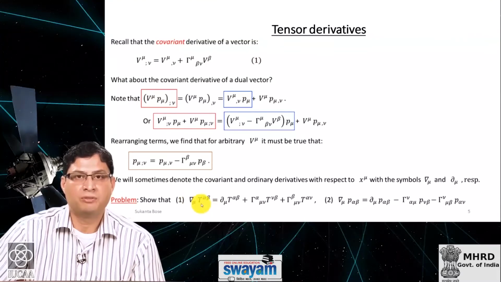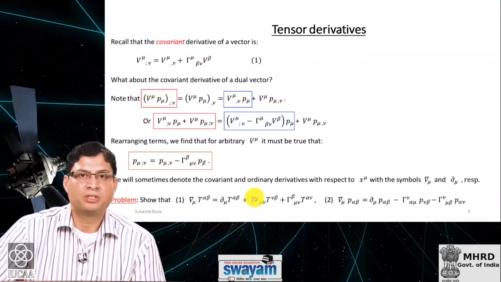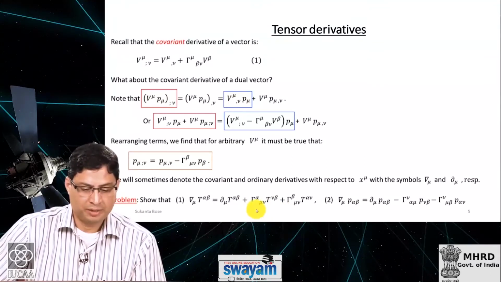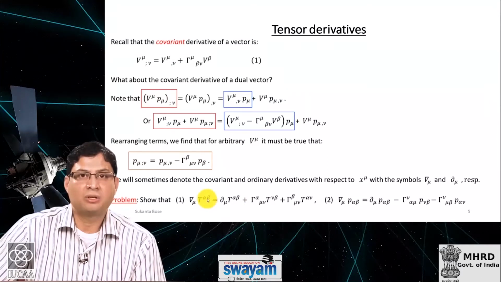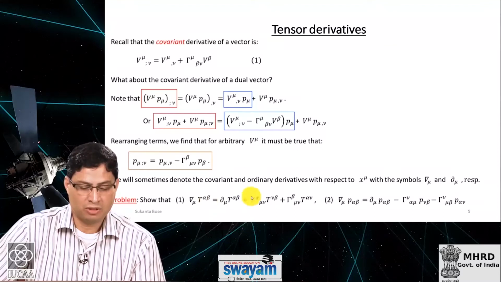So, the covariant derivative of this double indexed quantity T alpha beta, which is a 2-0 tensor, is just the ordinary derivative of T alpha beta, plus there are two terms involving Christoffel symbols now. Okay, the first one has alpha as a spectator. It is the second index on our tensor, beta, that is retained by that tensor.